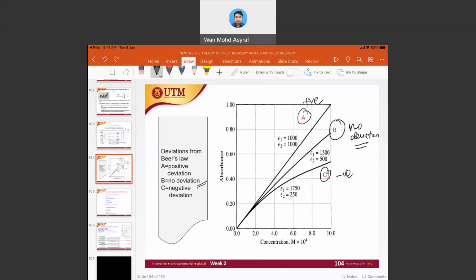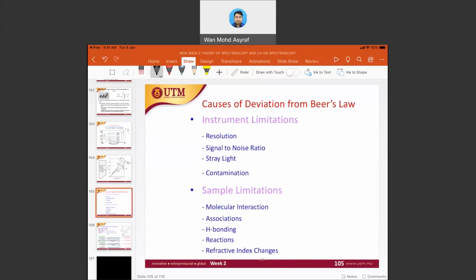The causes of deviations from Beer's law are two: instrument limitations and sample limitations. What are the instrument limitations here? Listed are resolution, signal to noise ratio, stray light, and contamination.